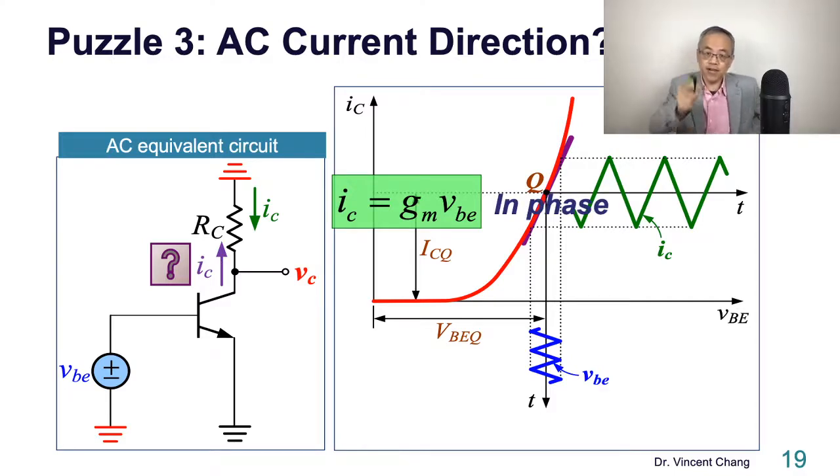It means in phase. It means the output AC current is in phase with the AC input voltage. Sir, what do you mean by in phase? It means in sync: when the input voltage goes up, down, the output current is also up, down, up, down. You get it?